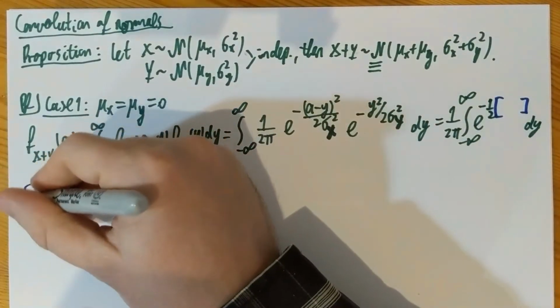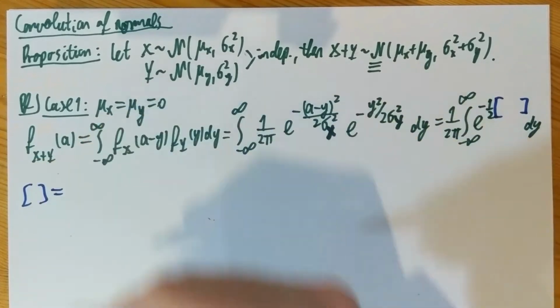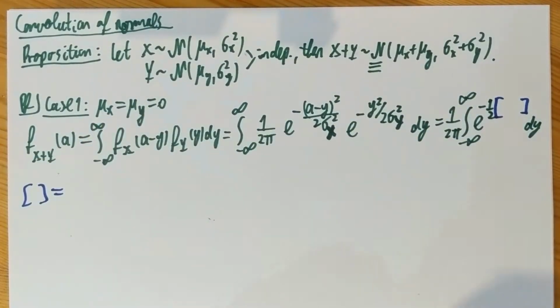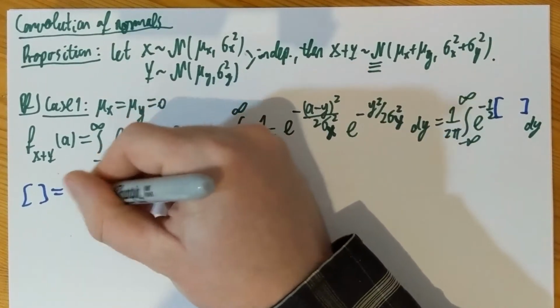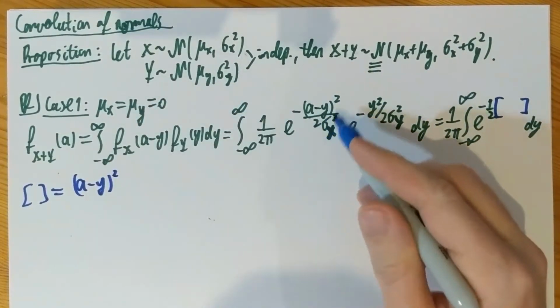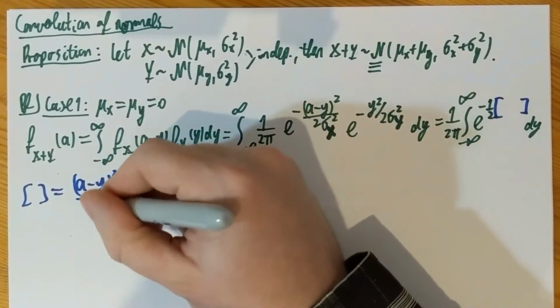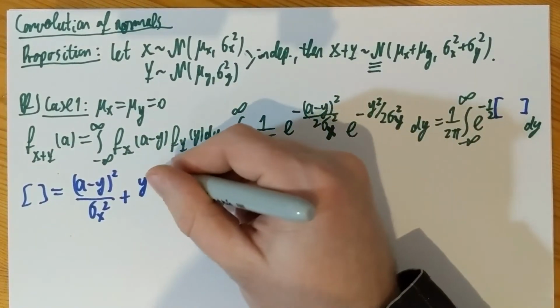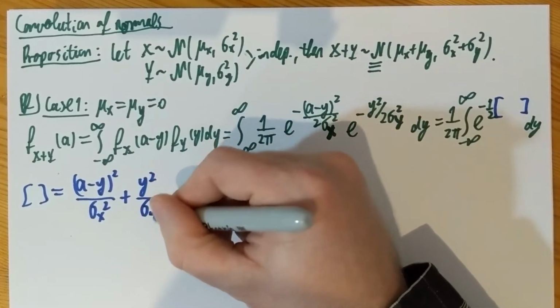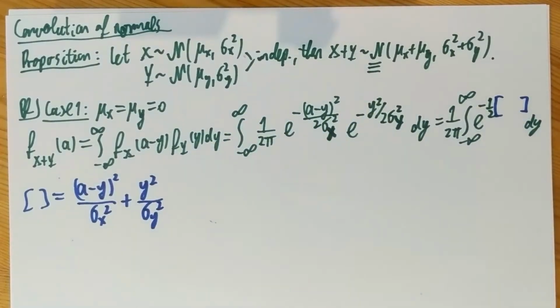So I'm going to concentrate on the blue bracket. The blue bracket is everything I have in the exponentials after factoring out a minus 1/2. So the blue bracket is going to be a minus y square over sigma x square and a y square over sigma y square. That's what I have in the blue bracket.